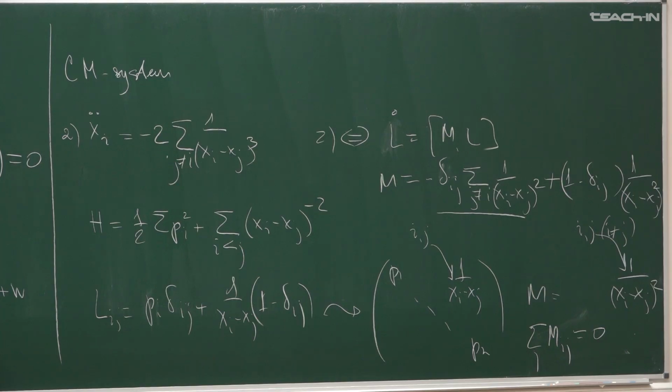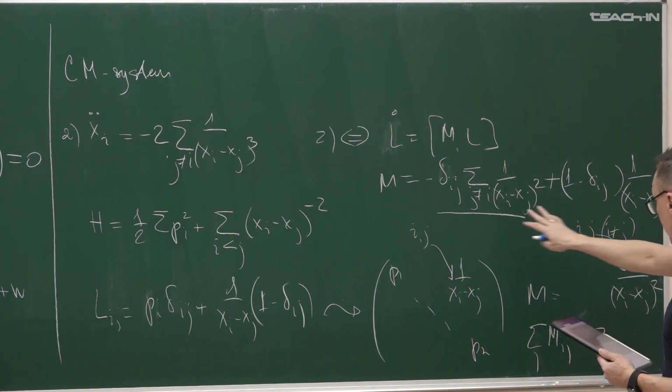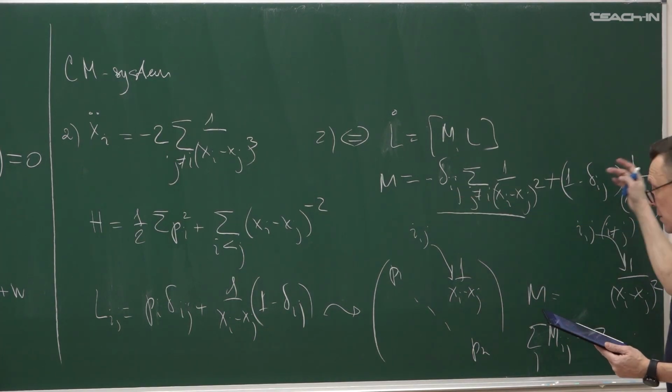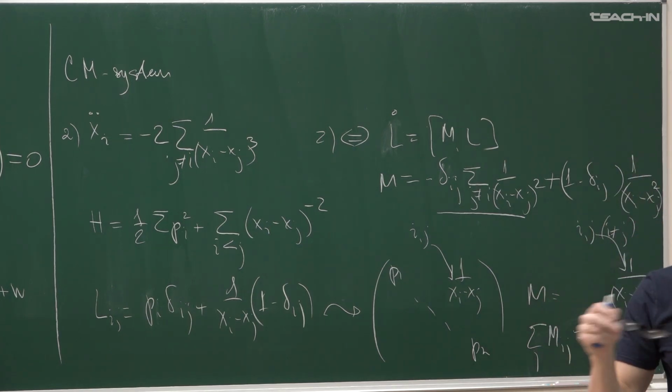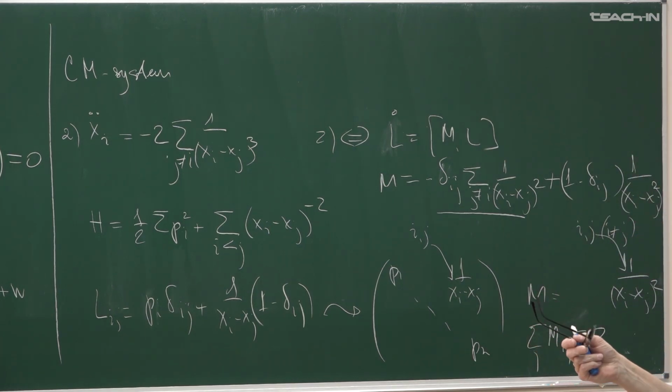So it is normalized in such a manner that the sum of all entries in one row is 0. Okay, but you see, it's a Lax representation of a different system, not of the Toda chain, but it has some similar properties.